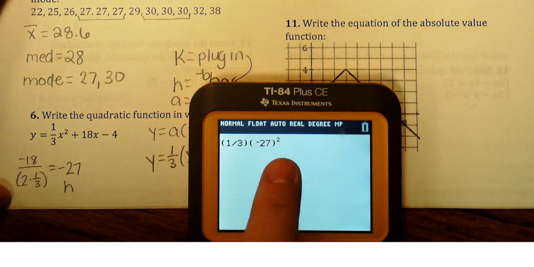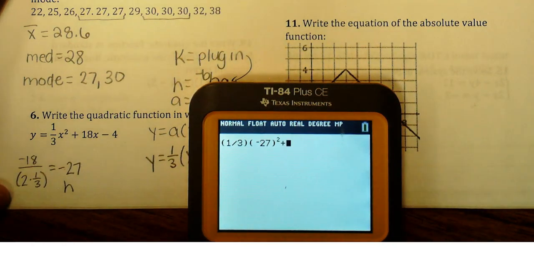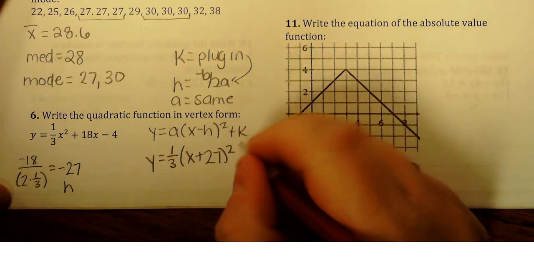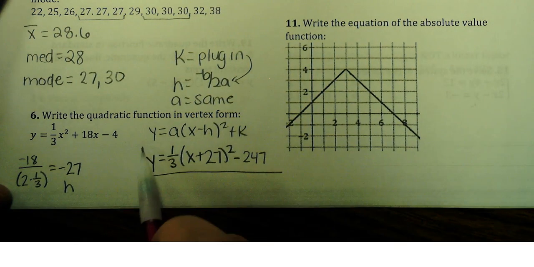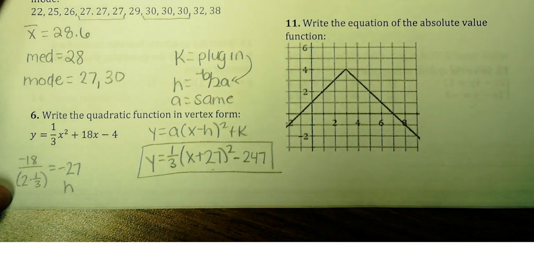Now make sure you put that negative on the inside of the parentheses and the squared on the outside. 18 times negative 27, and then minus 4, and this ends up being a huge number. It's negative 247. So that's my k value. So I'm going to write minus 247, and that is the exact same quadratic written in vertex form.